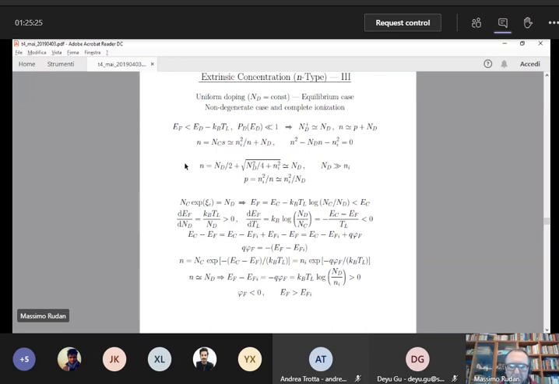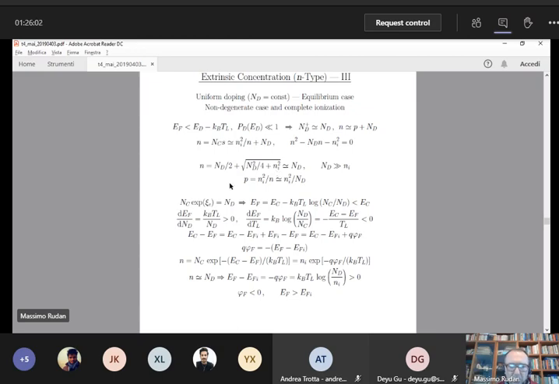And if you are at room temperature, ni is of the order of 10 to the 10th in silicon. So you already have 4 orders of magnitude, okay? So when all these conditions apply, then the concentration of the electrons in the conduction band, in the equilibrium condition, is practically equal to the concentration of the dopants. As you remember, we anticipated that the concentration of the dopants dominates, okay?